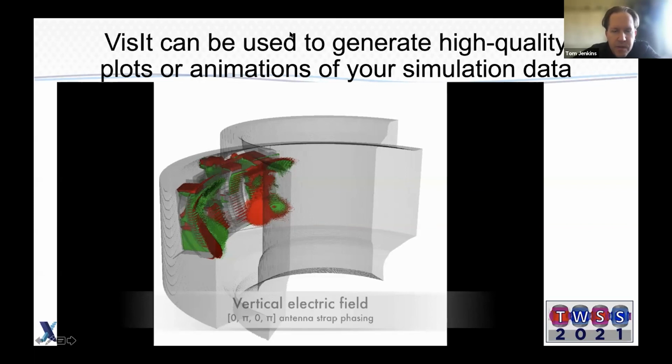I got a couple in the chat here. Is there a calculator in VisIt for post-processing the data, like an integration of field along a line? I believe that can be done. I have not done it myself, but I know there are streamline operators. You can trace a vector field.